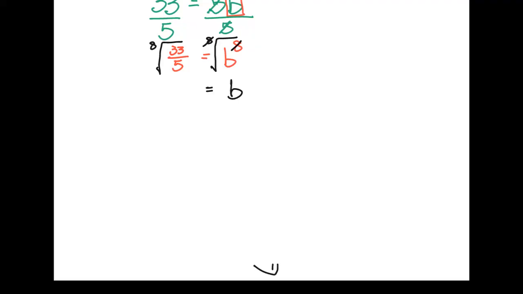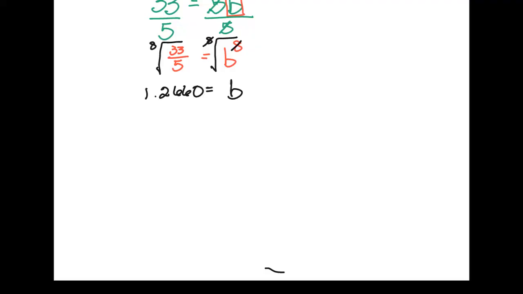Did anybody get an answer for that? B is equal to, what'd you get, Kimani? I think that's a little high. It should be like 1.2660, something like that. So you want to take the 8th root of 33 fifths.